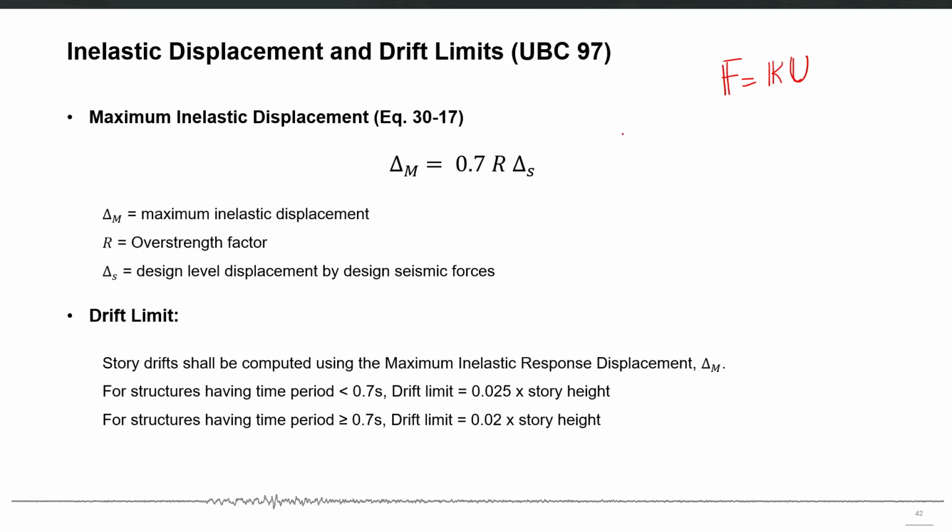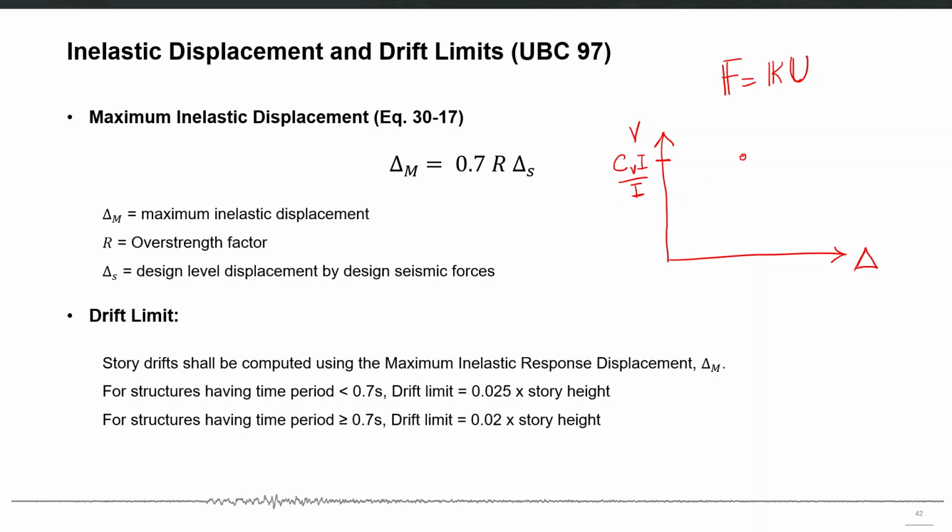And then you have to apply a few checks on the results. For example, let's say first is the maximum inelastic displacement, which is expected to occur during the design level earthquake. So for example, let's go back to the same figure which we are using, this one, the base shear versus the roof displacement, and here we have the elastic base shear, which was in this case CVI over T, everything except the R value.